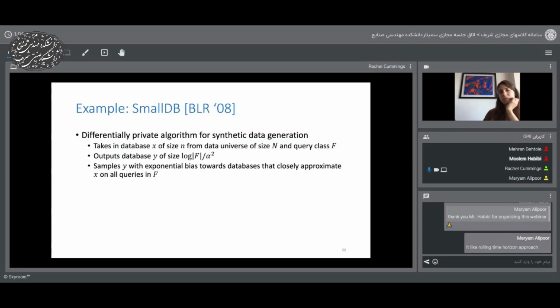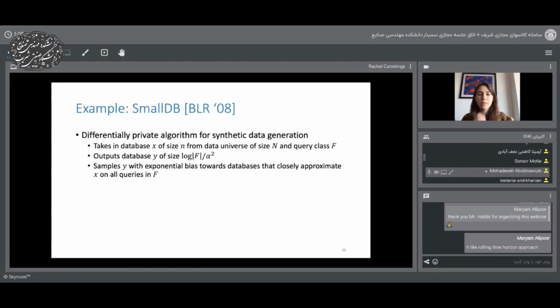So let me make this more concrete, because this is very abstract. Let me show you how this works in the case of what's called small dB. This is a paper from Blum, Ligett, Roth in 2008, and it is a private accurate static algorithm for doing synthetic data generation.